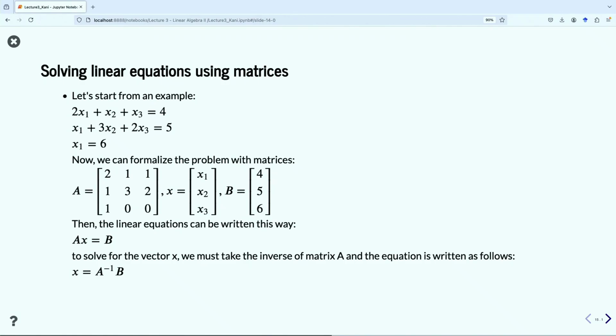So we could definitely solve this by hand, but for the sake of argument, let's just do things the matrix way and simply define the coefficient matrix A. It's simply each of these coefficients here. The first row is the coefficients of the first linear equation. So we've got the coefficient of x1 is 2, the coefficient of x2 is 1, the coefficient of x3 is 1, and all of this is equal to 4.